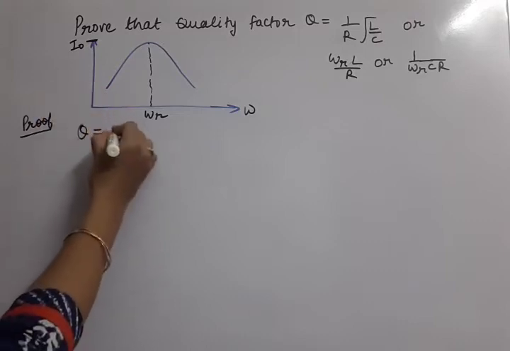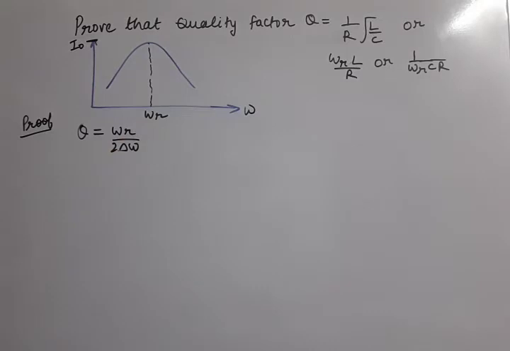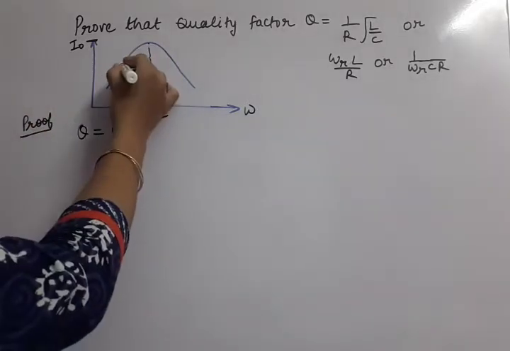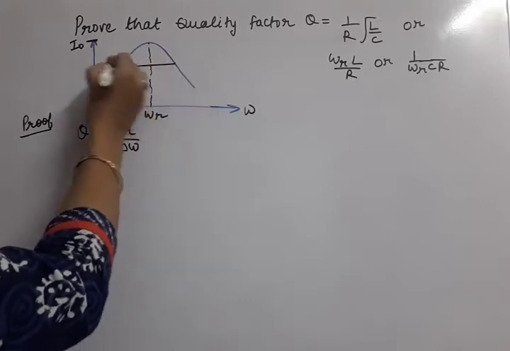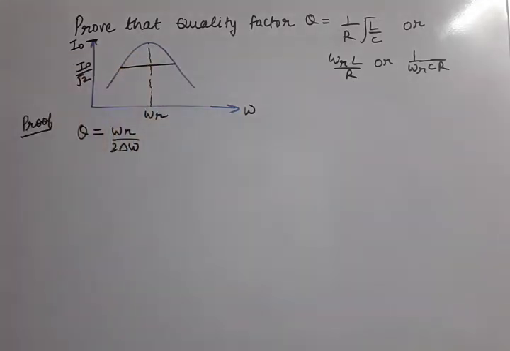Now what is the meaning of quality factor? Its basic formula is omega r upon 2 delta omega. Omega r means resonating frequency and 2 delta omega means the width. What width? The graph width where the current is I0 by root 2.